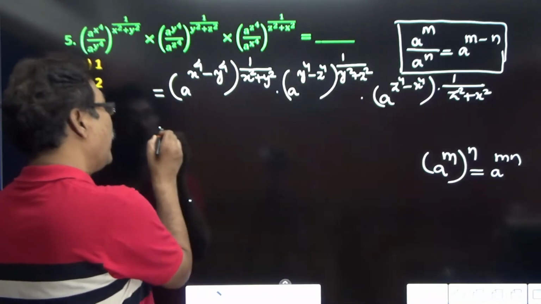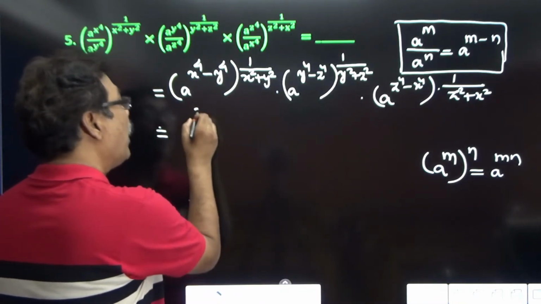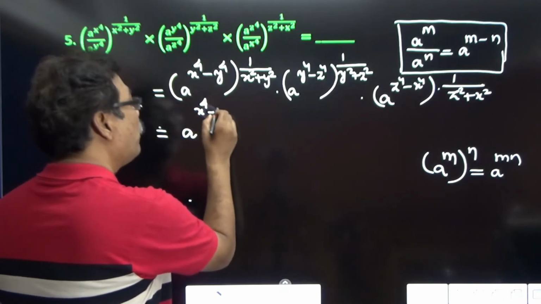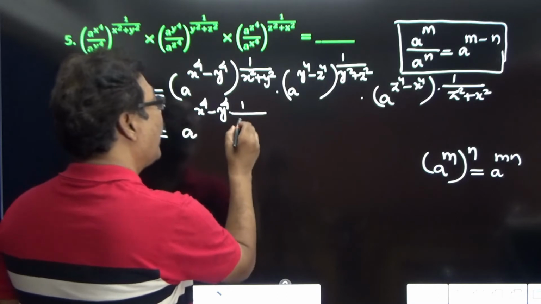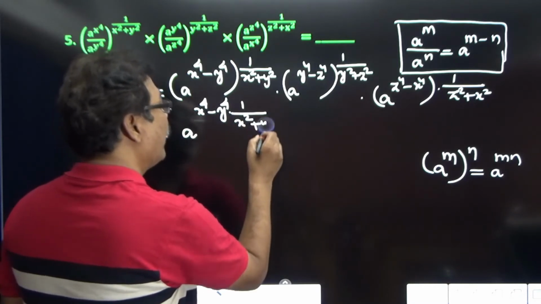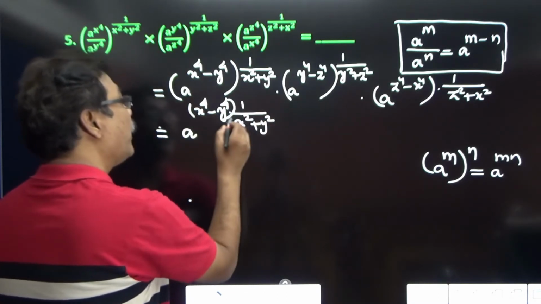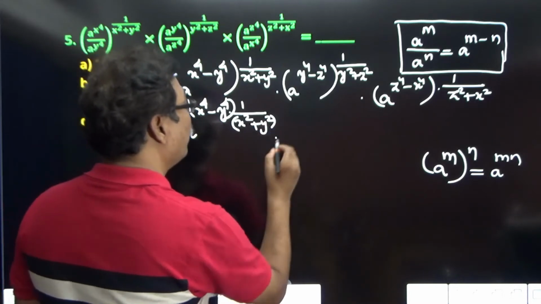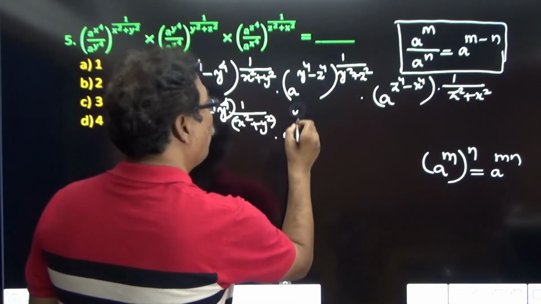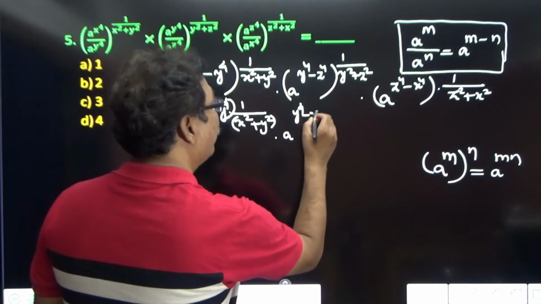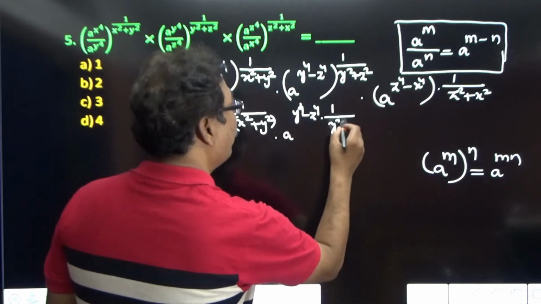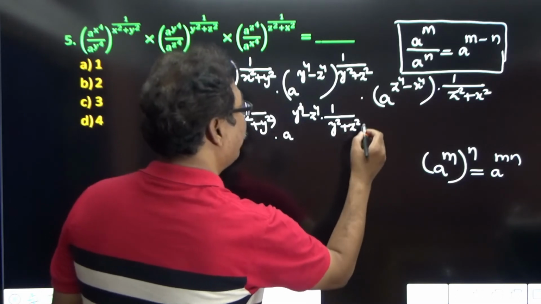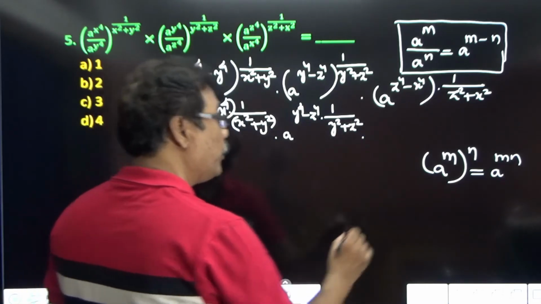If I write that one, I am going to get a to the power x to the power 4 minus y to the power 4 into 1 by x square plus y square, into a to the power y to the power 4 minus z to the power 4 into 1 by y square plus z square, into, what to do next?